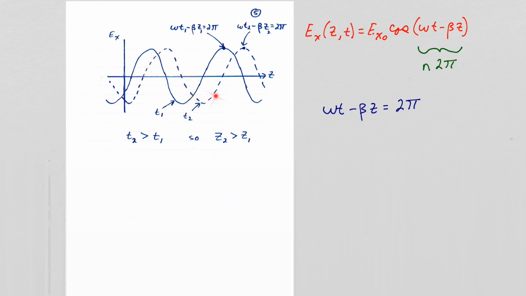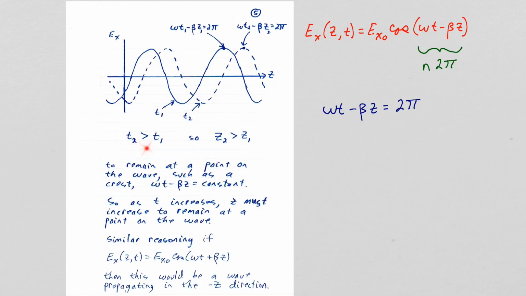As the time goes up, in order for omega t minus beta z to equal 2 pi, z must also increase. So that means this peak has moved to a larger value of z, so your waveform is propagating in the plus z direction. So let's differentiate this expression with respect to time. The derivative with respect to time of omega t is just omega.